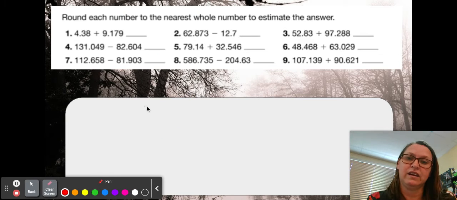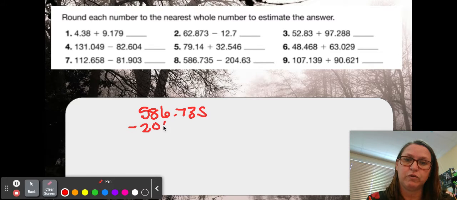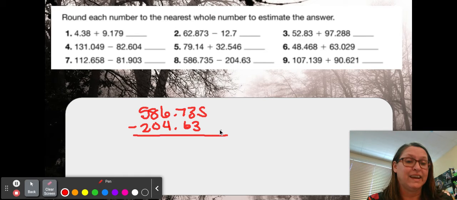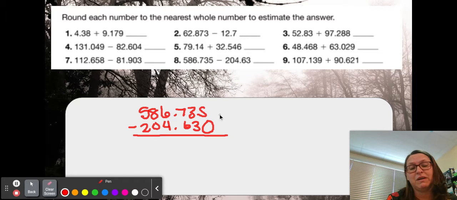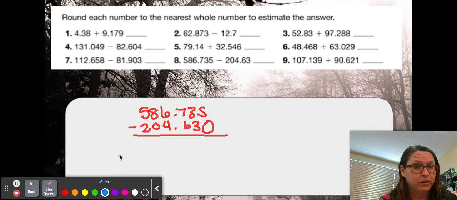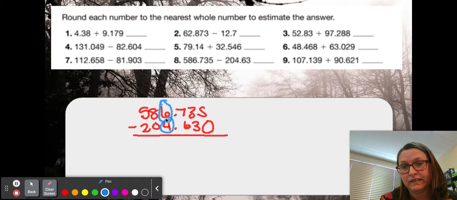Let's look at 8. I have 586.735 minus 204.63. Again, I lined up my decimals. I do have this extra place with nothing, so I'm going to put my 0. I am rounding to the nearest whole number, so I'm going to circle my digit and my number in the ones place.